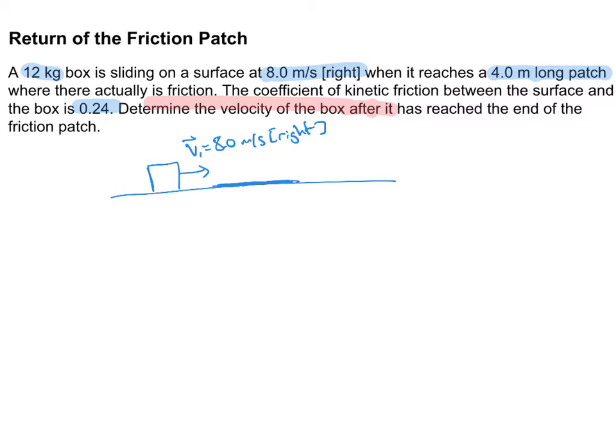That's going to last for 4 meters. And then by the end of that, the friction is going to slow it down. So what's this new velocity going to be? The coefficient of kinetic friction is given, 0.24. And the mass is given, 12 kilograms.